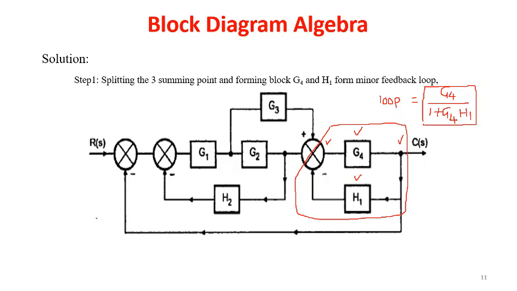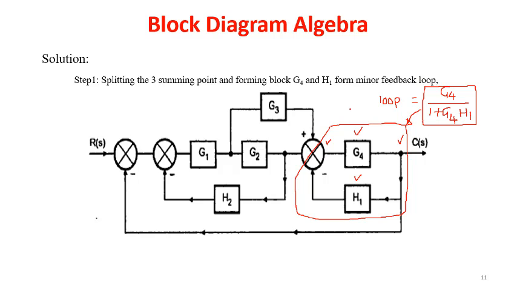This block is going to be replacing this part, and the summing point of this one will be retained there itself only, and it will be coming in the next step.